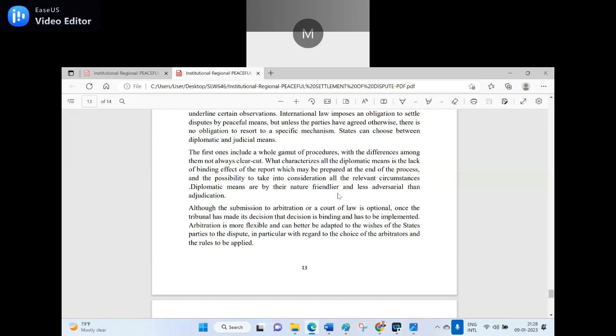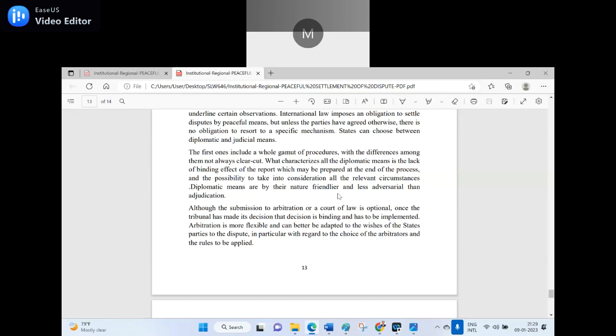Yes, sir. Although the submission to arbitration or a court of law is optional, once the tribunal has made its decision, the decision is binding because it is a judicial decision and has to be implemented. Either it is a tribunal or the court, having equal position and power regarding the implementation.